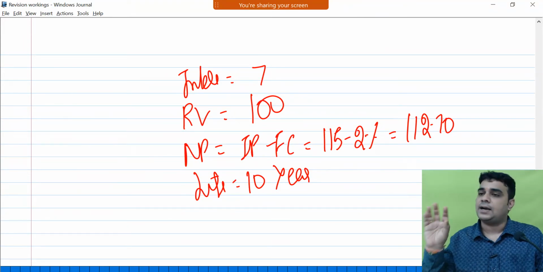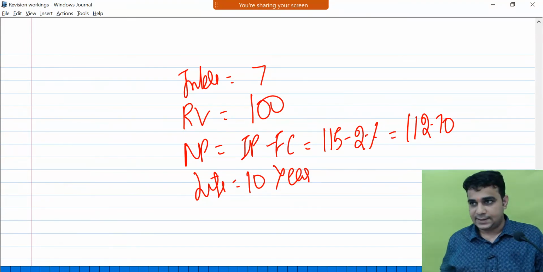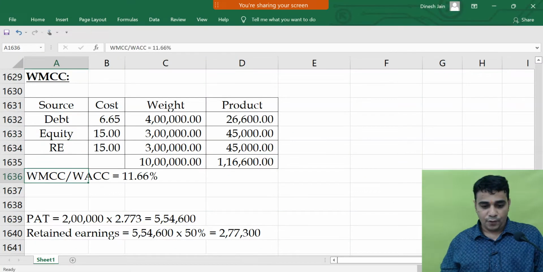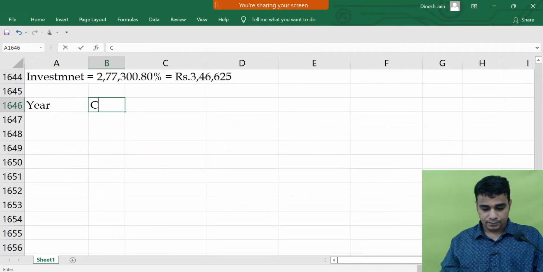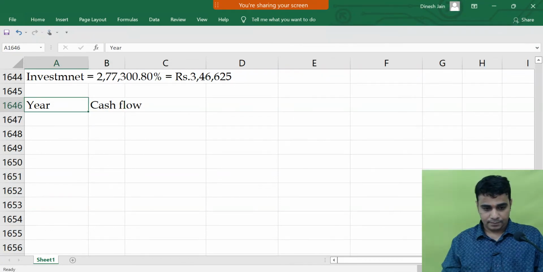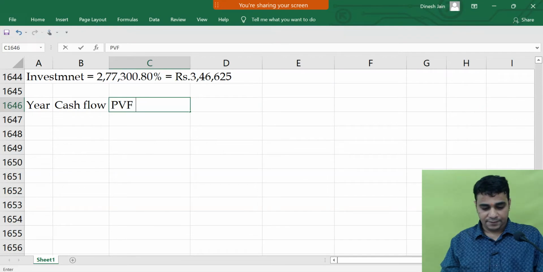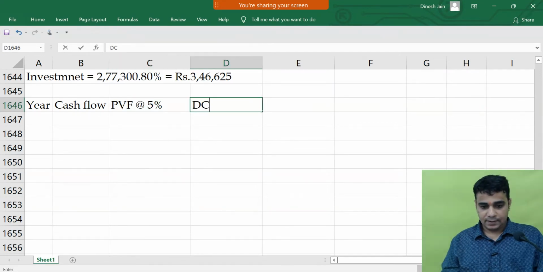I'll take the starting rate to be 5% because I need an initial guess rate to start with the IRR calculation. So, for doing the IRR calculation: year, cash flow, PVF at 5%, DCF.